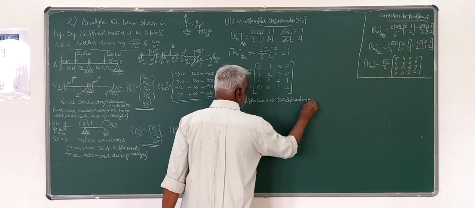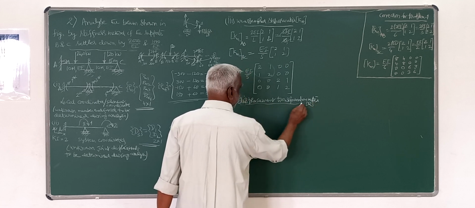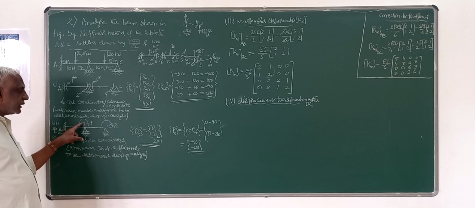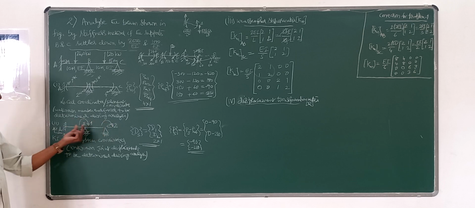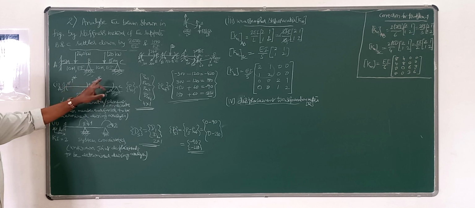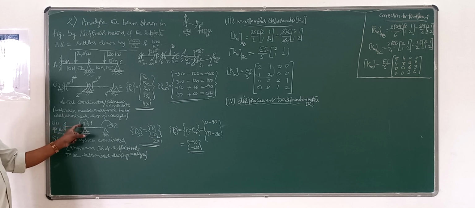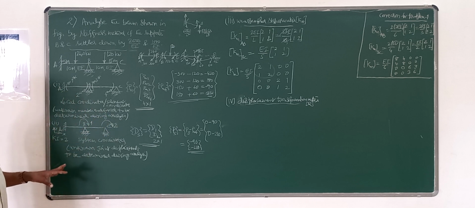For generating the displacement transformation matrix, you have to apply a unit displacement successively along the system coordinates and determine the corresponding displacements along the element coordinates. While giving the displacement along one direction of the global or system coordinates, the other displacements we have to restrain. We have to take care of that.